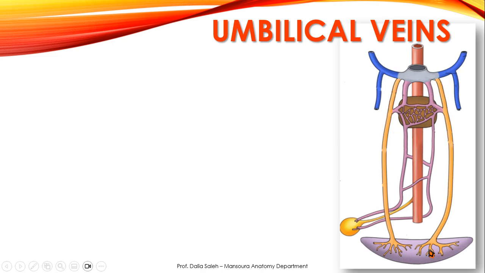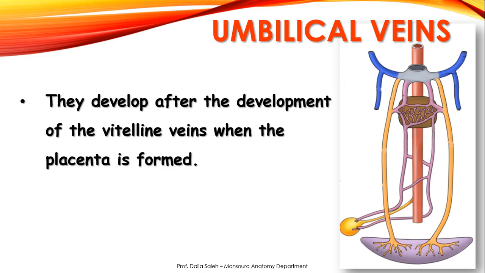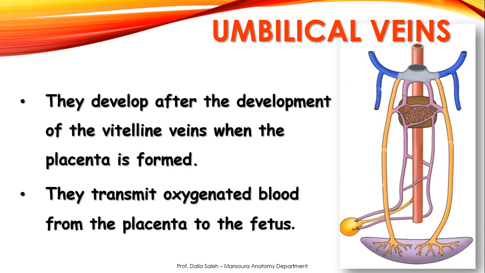They bring oxygenated blood from the placenta to the fetus, and on the lateral side we have the two common cardinal veins. So the two umbilical veins develop after the development of the vitelline veins, and they lie on each side of them. And as you know, they transmit oxygenated blood from the placenta to the fetus.